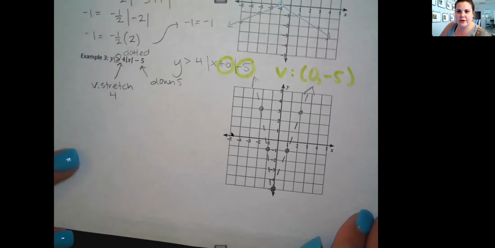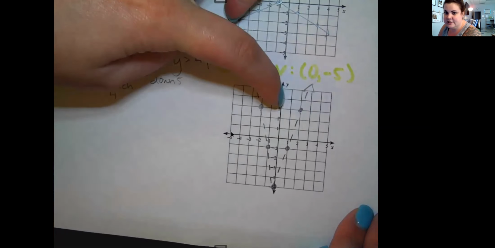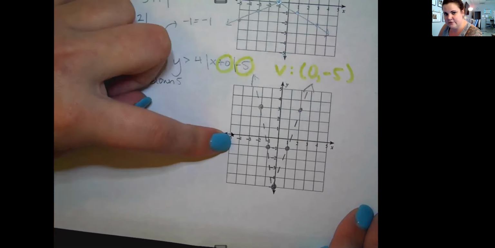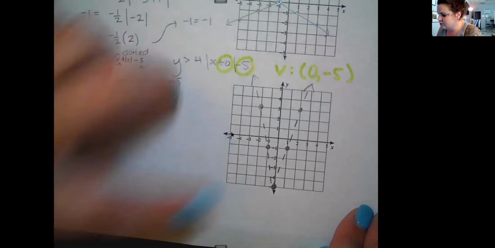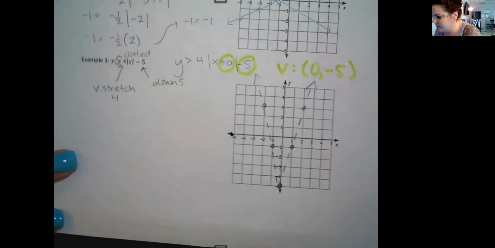Now I need to figure out where to shade. So when we have lines, we would say like, okay, I'm going to shade above the line or below the line, or maybe we would say the left side versus the right side. When you have a V-shaped graph, the way that you think about your shading is you can shade inside the V or you can shade outside of the V. And so what we're going to do is we're going to pick a point that's either inside the V or outside the V, it doesn't matter, and then we'll figure out which side is true and which side is false.